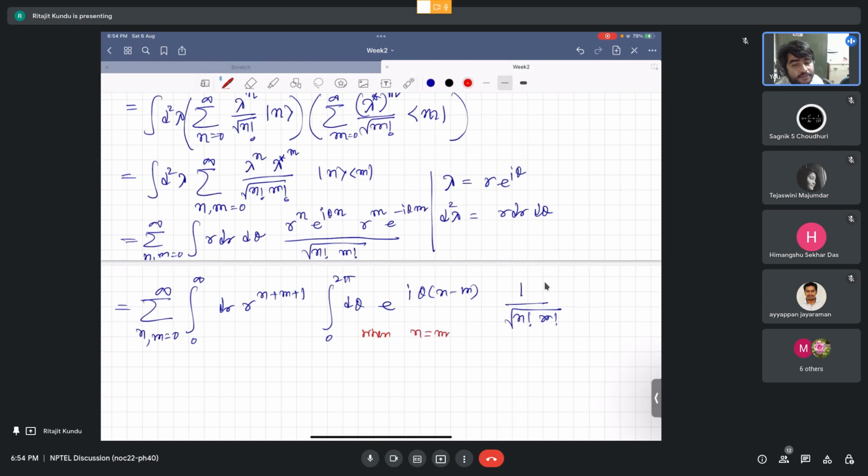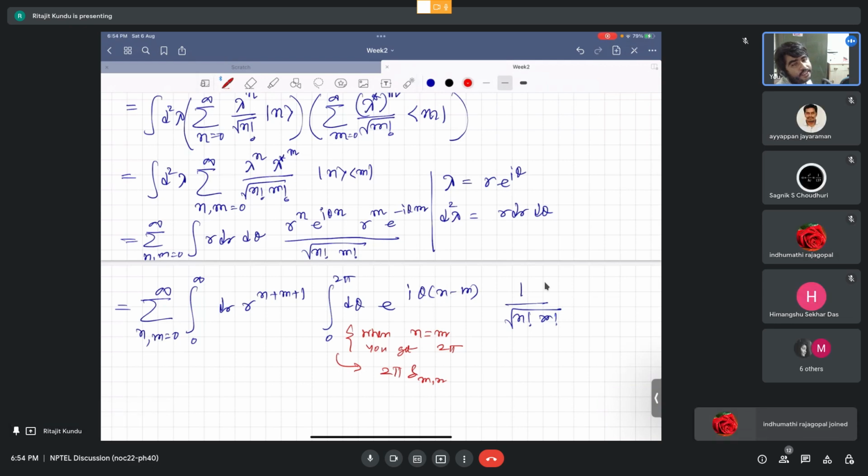When n becomes equal to m, there is no phase, so you just get 2 pi. How do we write this condition in a compact manner? We write it like 2 pi delta m comma n. This is the result of this integration.